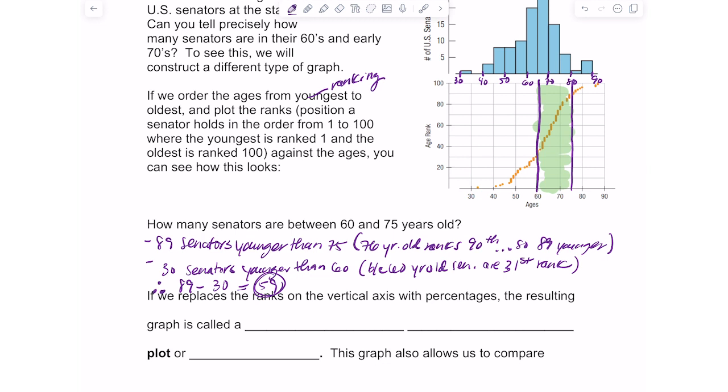The graph that we just used for that, where we replace the ranks on the vertical axis with the percentages, gives us what's called a cumulative distribution plot. Sometimes it's called an ogive.